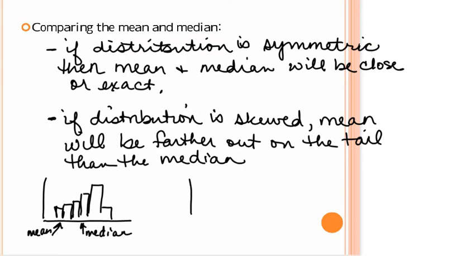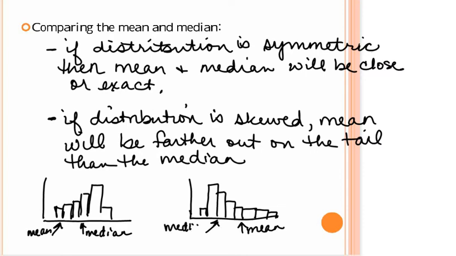But if it was skewed right, it would just be the opposite. You would have a mean up here, and the median would be lower. That question will come up because they're going to want you to be able to evaluate the difference between the mean and the median. So this is an important little fact that you need to know.